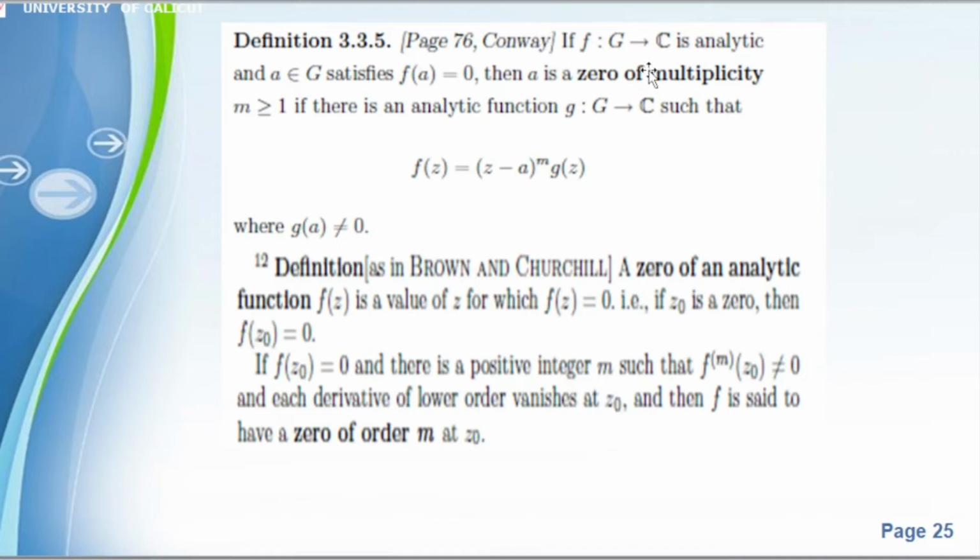If f is a function from G to C that is analytic and a belongs to G satisfies f(a) equal to 0, then a is a zero of multiplicity m greater than or equal to 1 if there is an analytic function g such that f(z) is equal to (z minus a) raised to m into g(z), where g(a) is not equal to 0.